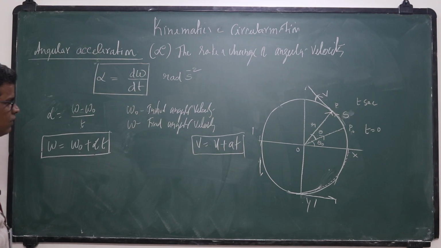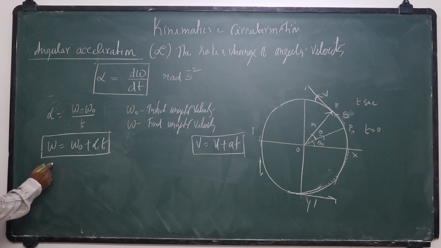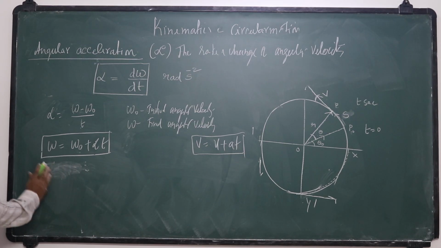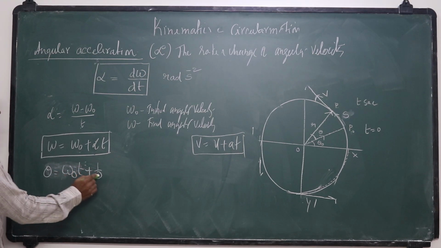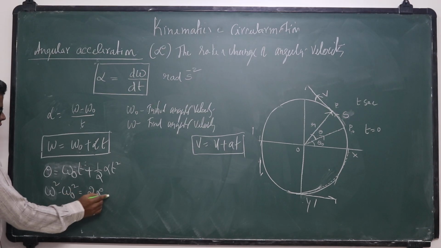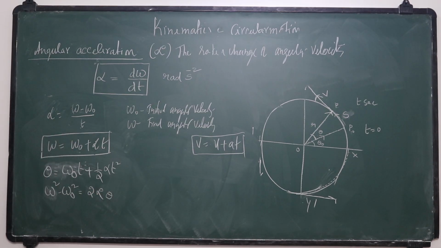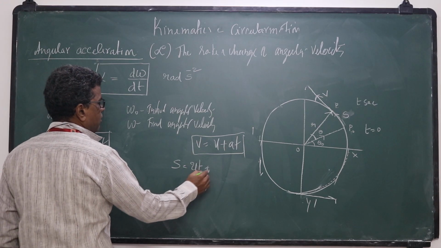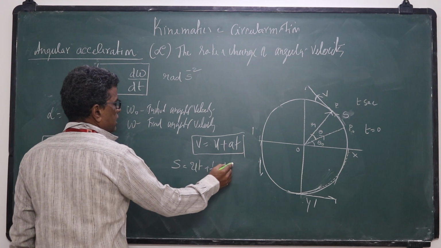If you want angular displacement, similarly I will write theta is equal to omega naught t plus half alpha t square. And omega square minus omega naught square is equal to 2 alpha theta. As I explained, s is equal to ut plus half at square is the second equation of motion.